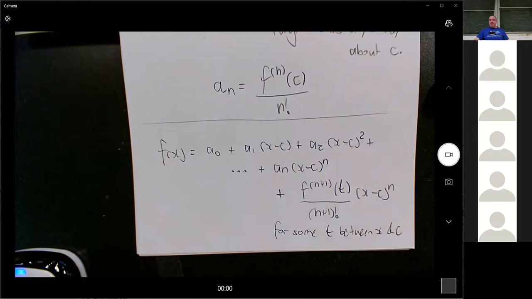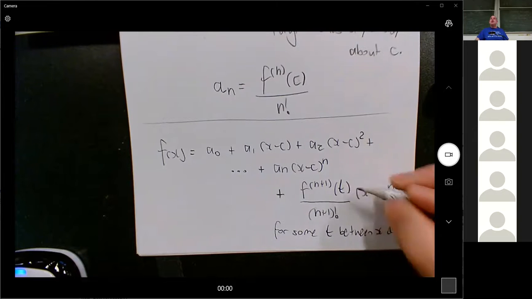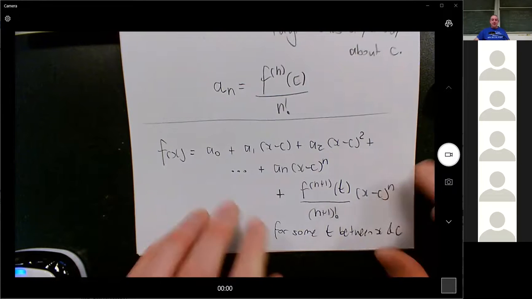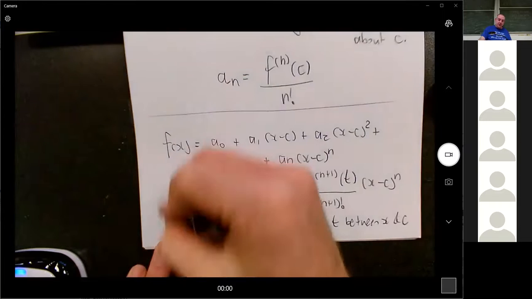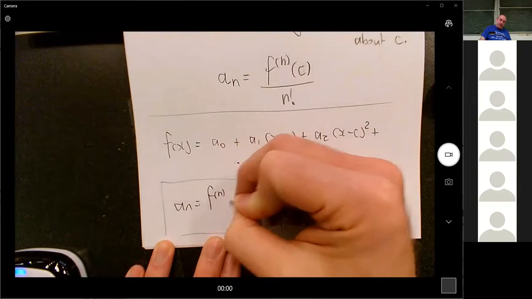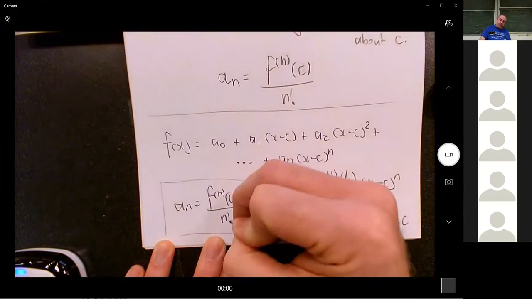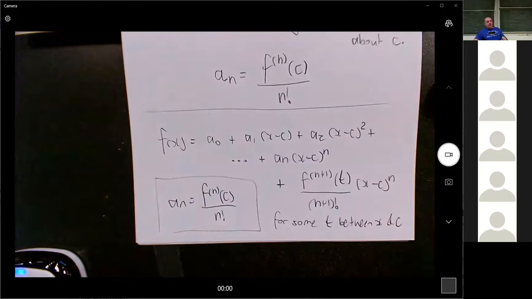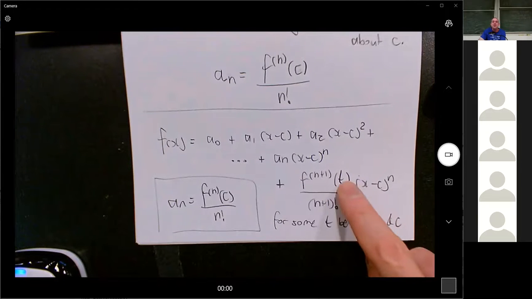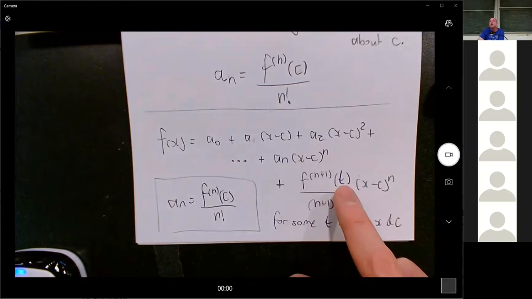Back in Maths 1B, they used the Greek letter psi in this spot. Now they're using t, which is much friendlier and easier to write, so we're all slightly happier. And we still have the truth that a_n is f^(n)(c) over n factorial. This is what I would have done if I had put c in that spot instead of t. That's what I would have done to get the next term in the Taylor series.